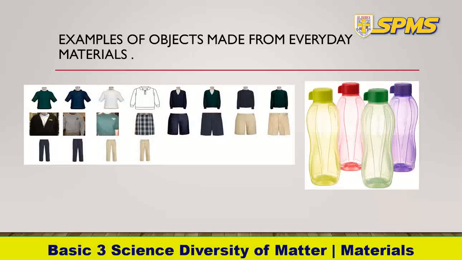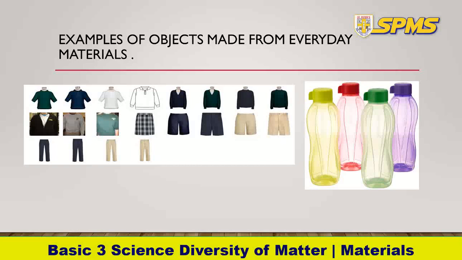Okay, so on our screens, we can see different types or kinds of objects. So examples of objects made from everyday materials. So these things are made from materials, or they are made out of something. So we have the bottle or the water bottle.